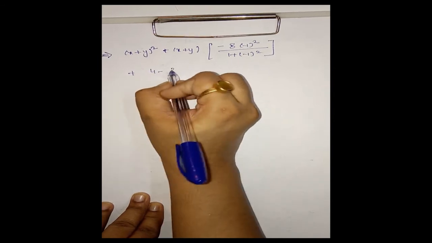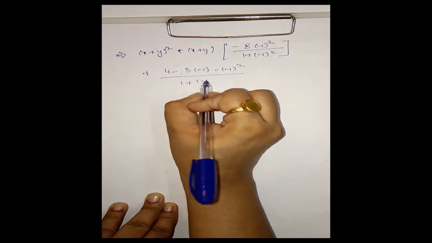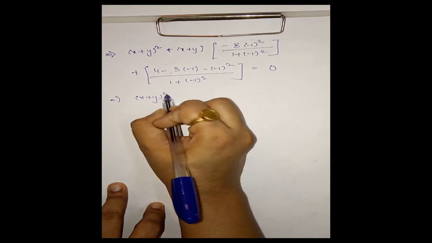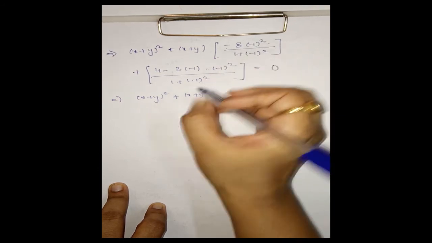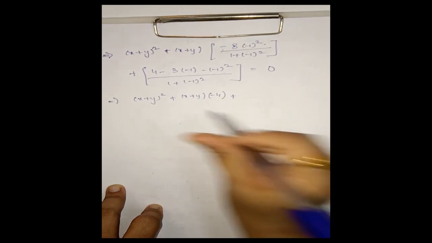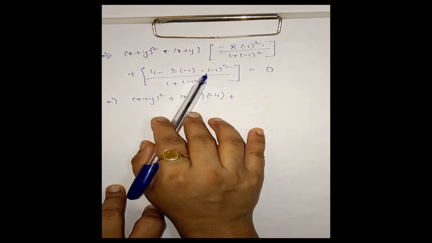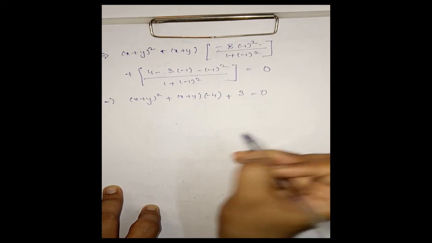Plus 4 minus 3 (minus 1) minus (minus 1) whole square upon 1 plus (minus 1) whole square, whole equal to 0. Now this gives (x plus y) whole square plus (x plus y) times minus 8 by 2, that is minus 4, plus 4 plus 3 plus 4, 3 plus 4 is 7, minus 1 is 6, 6 by 2 that is 3, is equal to 0.